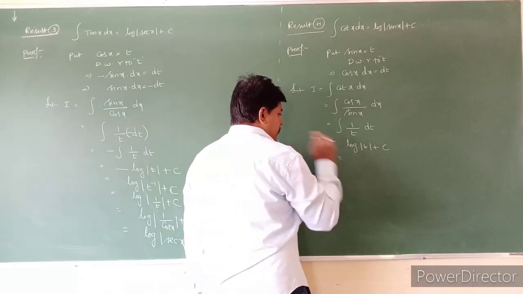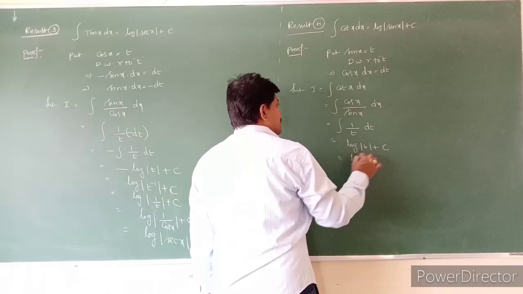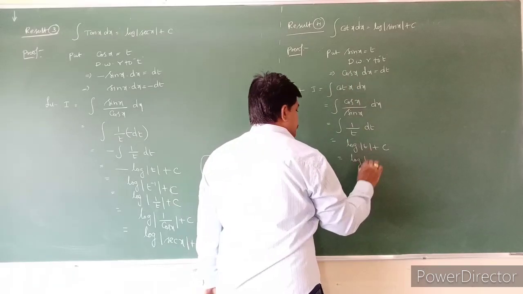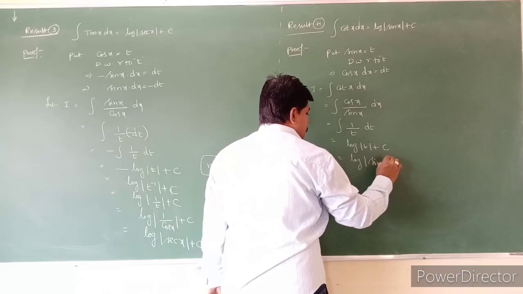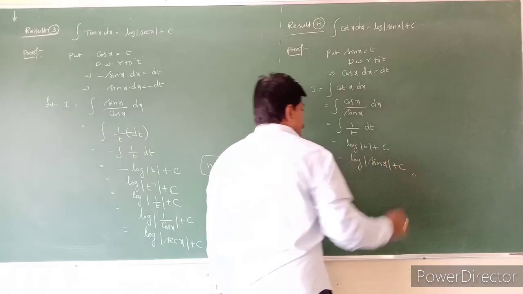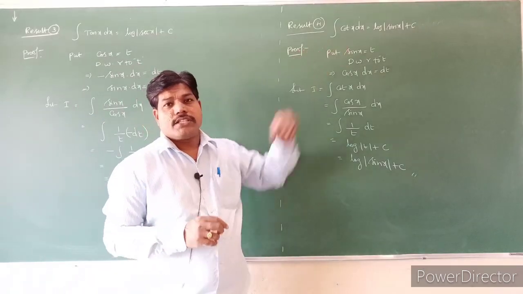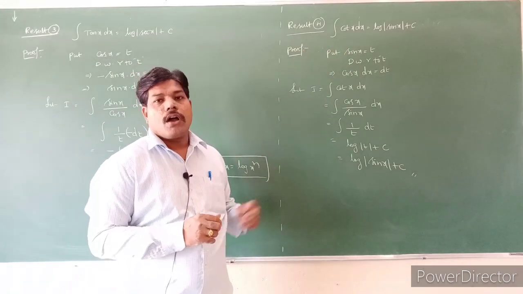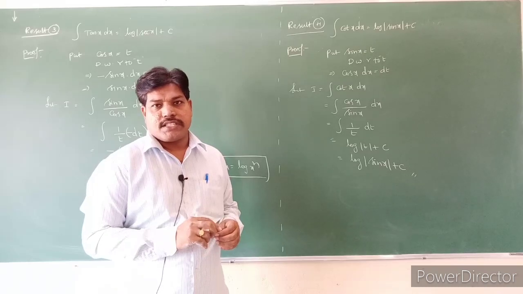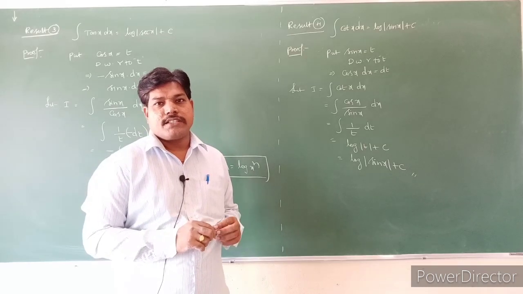So that is equal to log of, what is t? T is nothing but sin x. So one more important formula: integral of cot x into dx is equal to log of mod sin x plus c.